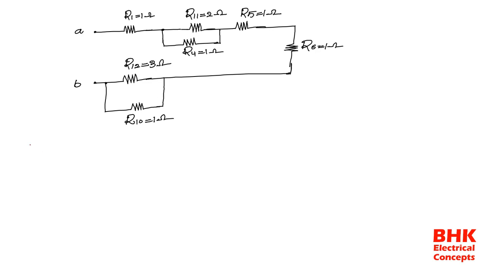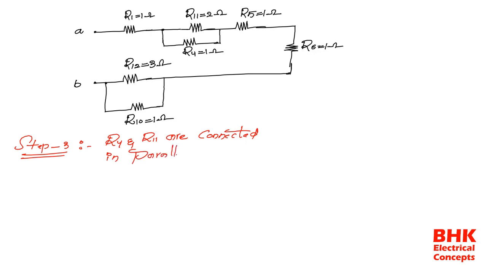Okay, so here step number 3. So step number 3 is R4 and R11 are connected in parallel. So in parallel, then how to find the equivalent resistance for this parallel combination? We can directly take the reciprocal of the resistances.